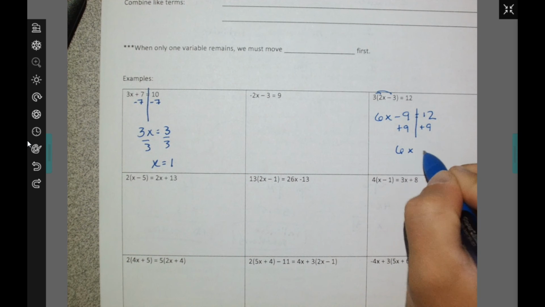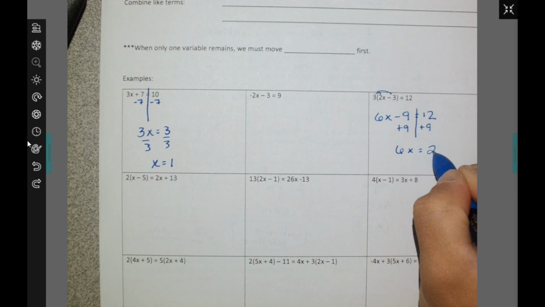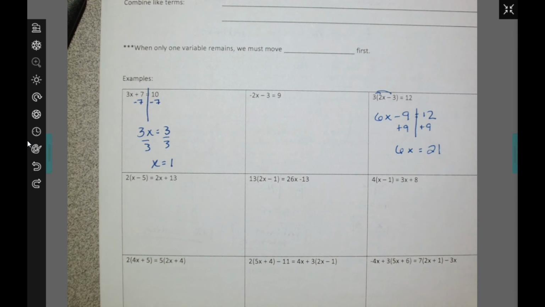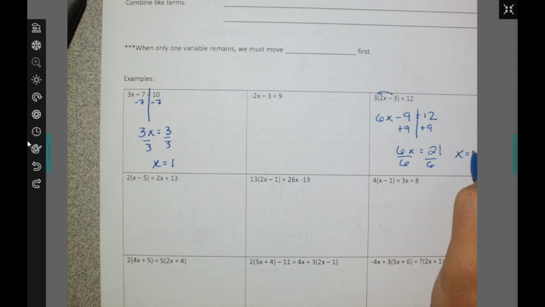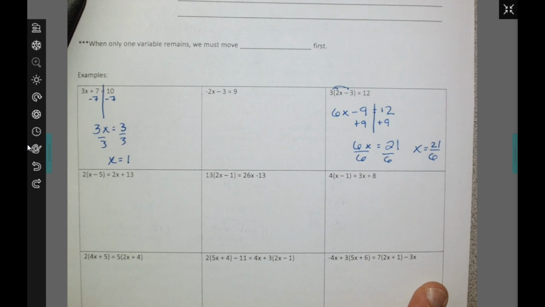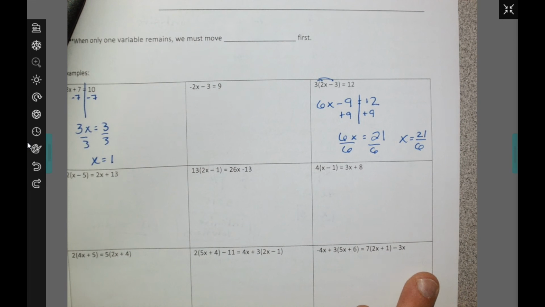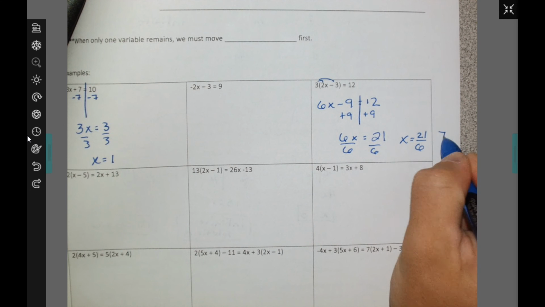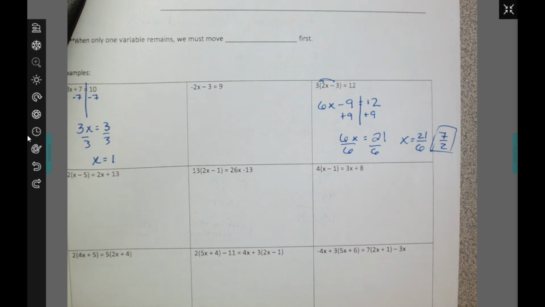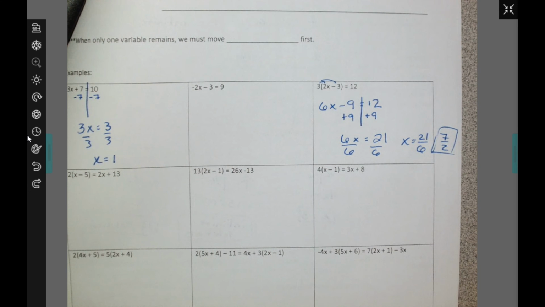So we get 6x equals 21. Then divide each side by 6, and we get x equals 21/6. Whenever you end up with a fraction like this, you want to make sure it's simplified. So simplifying this, you can divide top and bottom by 3. Doing that gives me 7/2 as our answer.